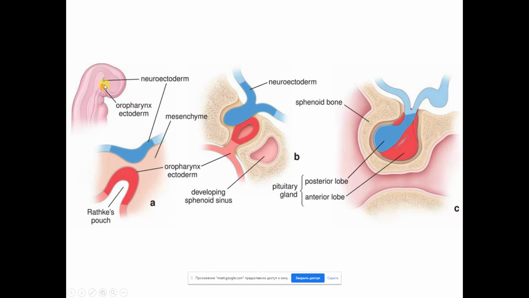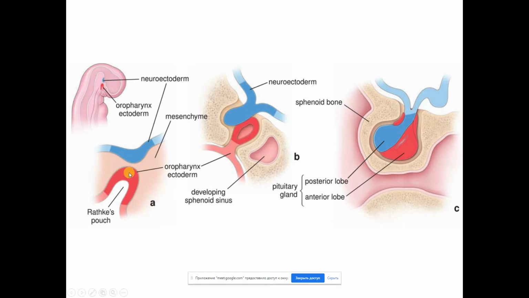And what happens here? Actually, in the pharyngeal region of this embryo, this place known as the oropharyngeal ectoderm, there is an outpouch. This outpouch is named Rathke's pouch. This is typical ectoderm, the same from which our skin is evolved, I mean the epidermis of the skin.